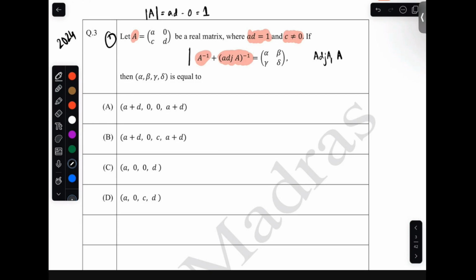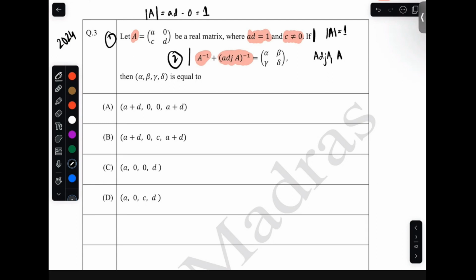Anyone? So first, this gives an idea about determinant, right? Determinant is equal to 1. But the second set of conditions, you have to understand what information it contains, and it has two aspects, A inverse and adjoint of A inverse.